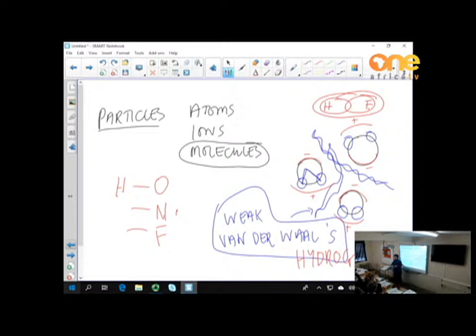Weak van der Waals forces, they undergo sublimation. Those air fresheners that they put in the toilets, the little block in the cellophane paper, it's going to be molecular because it undergoes sublimation. There's usually an exception or so, but I don't know of an exception.